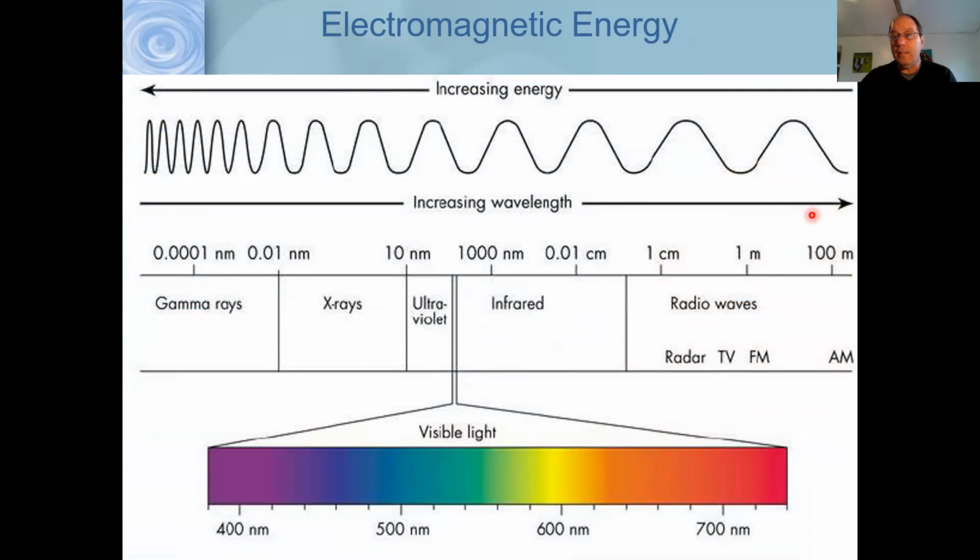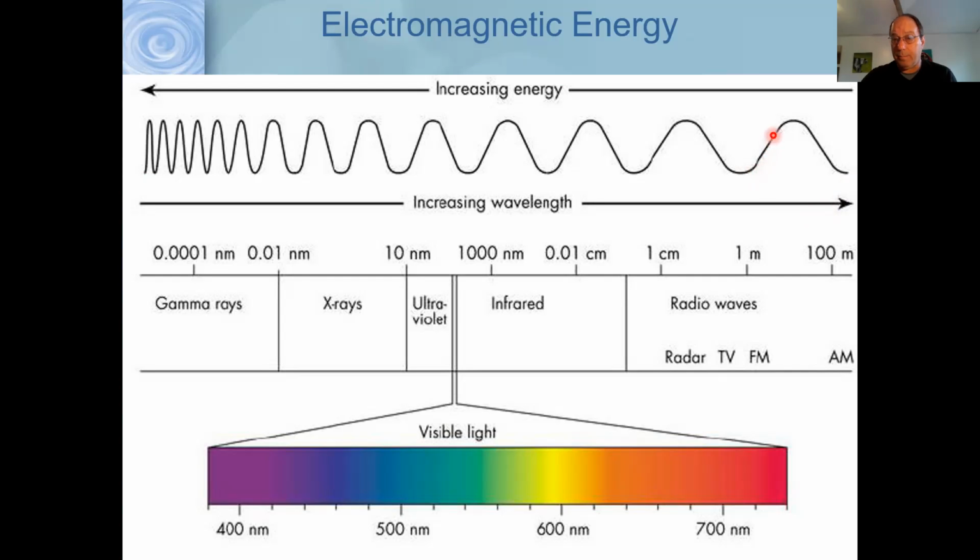We can't see it, but right now it's passing through whatever room you're sitting in. That's where that signal is being sent until you eventually turn your radio on and it receives that frequency of that radio station. That's how electromagnetic energy works.